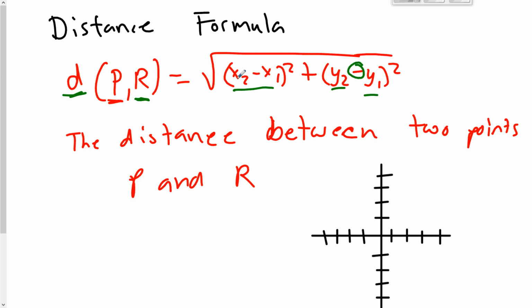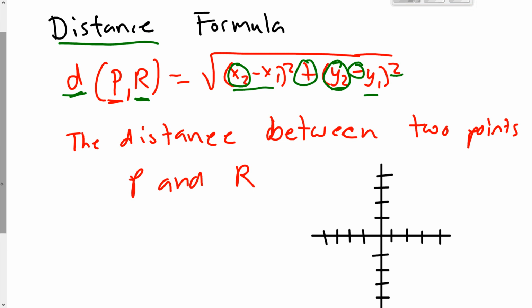The important thing here is to make sure that whatever point I start with for x, I start with that same point's y value, okay? Then I take the difference of my y's and square them, and once I have those two squares, I add them or sum them together. Then finally I take the square root of this. Remember, when you take the square root, you always have positive and negative, but here we're talking about distance, so we're always looking at the positive one.